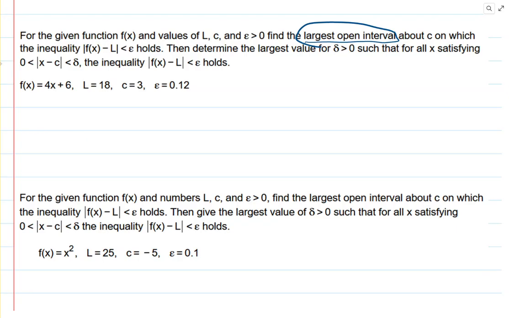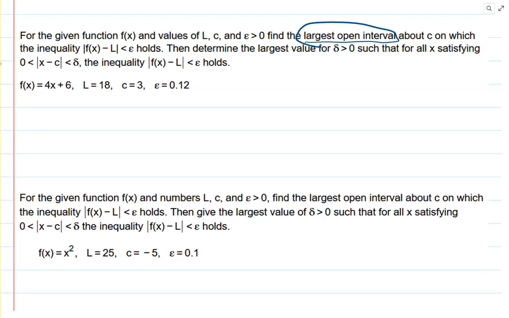Then determine the largest value of delta greater than 0 such that for all x satisfying 0 less than absolute value of x minus c less than delta, the inequality absolute value of f of x minus L is less than epsilon holds. So we're doing two things.